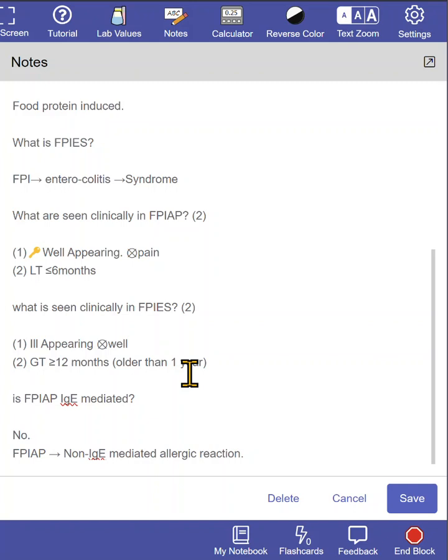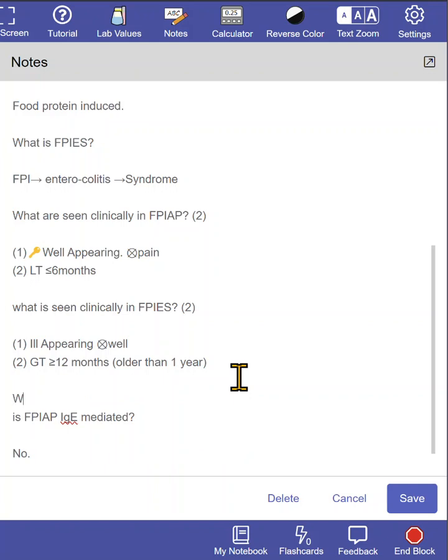I just like to restate things in the dullest of terms. And then FPIAP is food protein induced allergic proctocolitis.